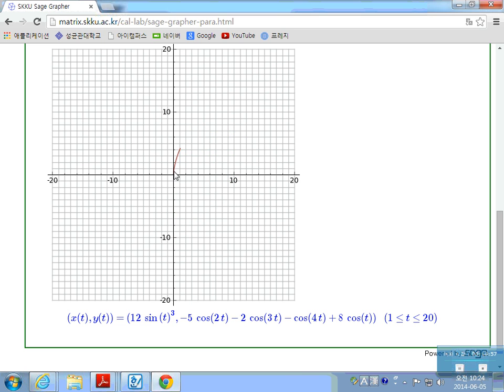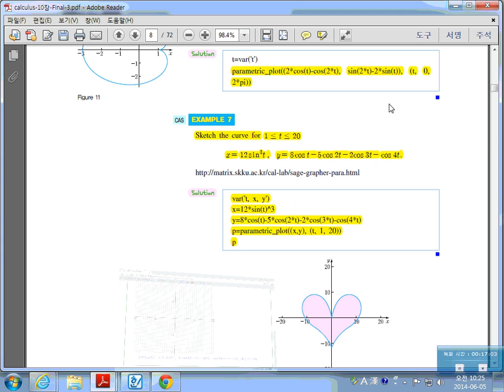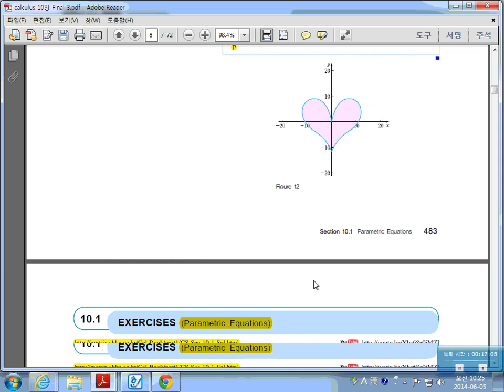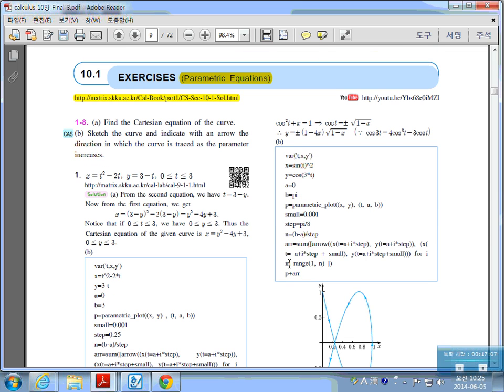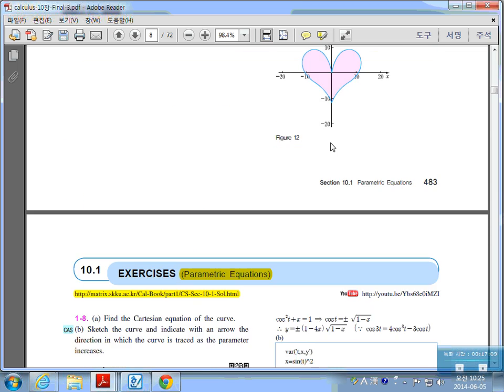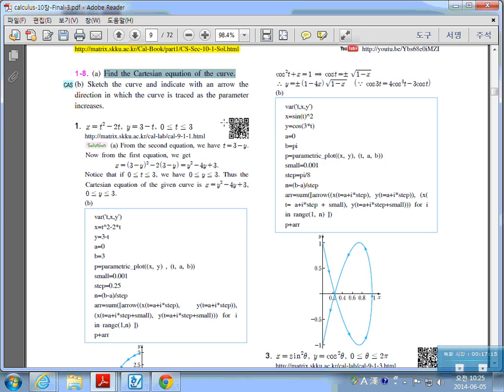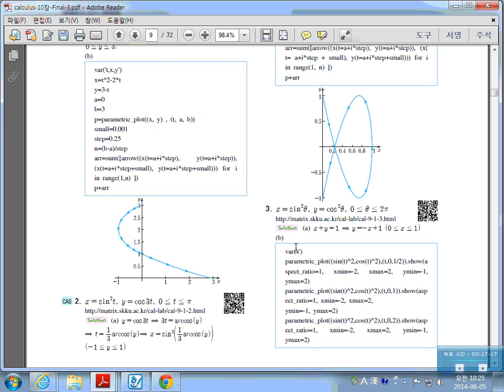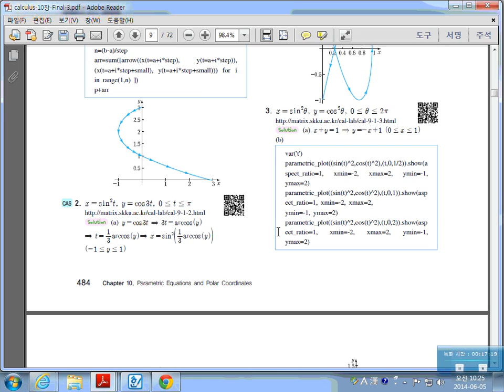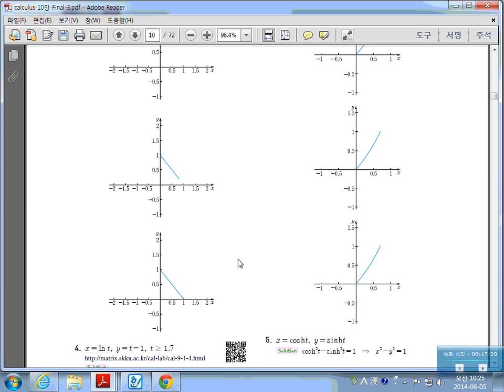In this case, it starts from 0, the origin, and moves like this. Okay, anyway. So you can use the knowledge that we have been through to find the Cartesian equation of the curve, and draw the graph of these parametric functions.